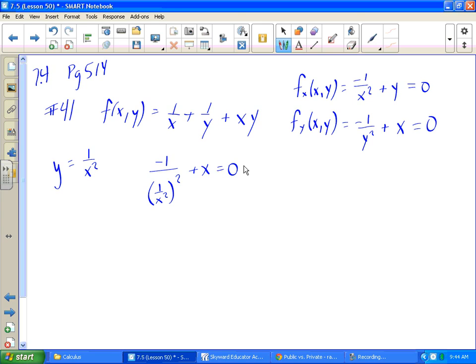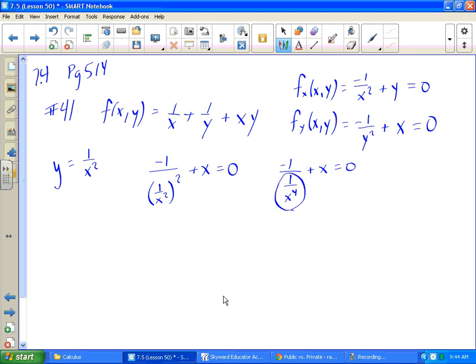All right, so this turns into negative 1 over x to the what? If I square this, what's this going to become? X to the 4th. And instead of dividing by this, I can multiply by the reciprocal.